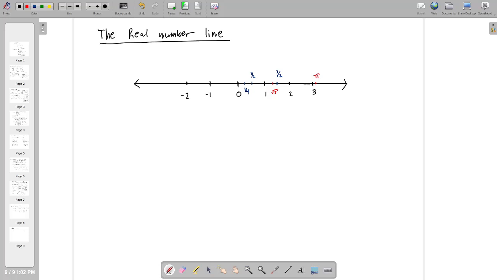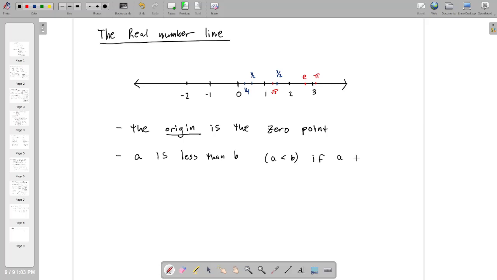And then e would be 2.71, right about there. This would be e. These are irrational numbers. Now, the origin is the 0 point. A is less than B if A lies to the left of B on the number line.